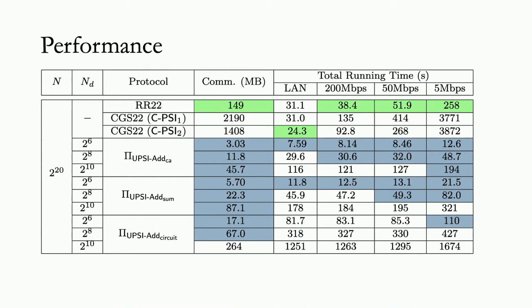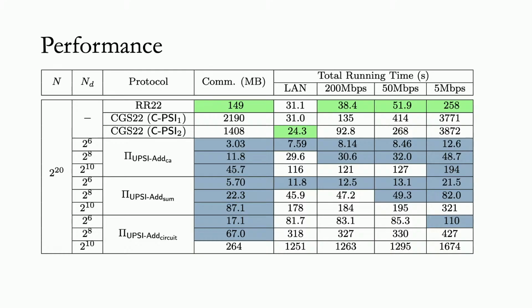In terms of performance, this is our addition-only UPSI cardinality sum and circuit PSI compared with the state-of-the-art PSI protocols. And as you can see, the communication really outperformed the prior work, because this is a state-of-the-art VOLE-based PSI running from scratch.